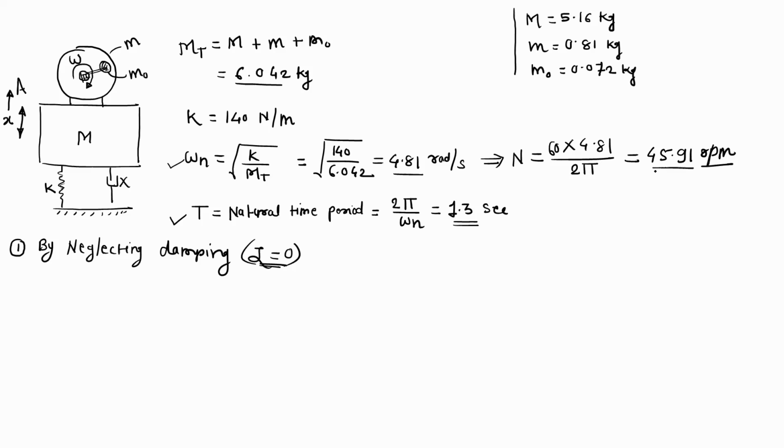So this is the RPM. Okay. So this is the value of the speed at the resonant condition or at the natural frequency condition. That is 45.91. So we will select the range on the left side of this value and on the right side of the value. So we will get a complete graph of the displacement versus the frequency.